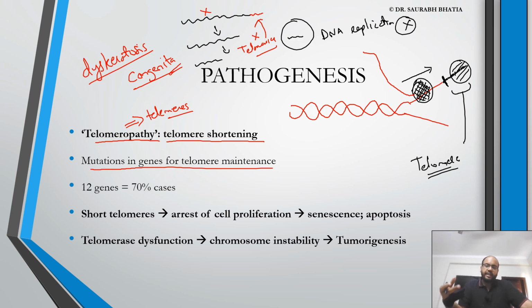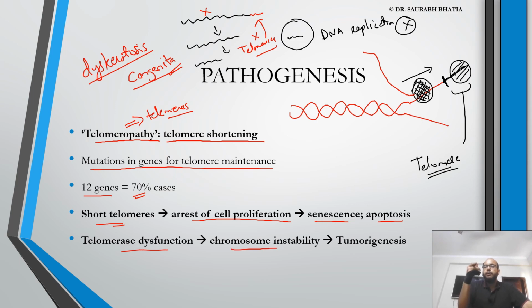If that mutation is X-linked, autosomal dominant, or autosomal recessive, it will lead to the specific type of dyskeratosis congenita. Multiple genes have been identified, but roughly 12 genes account for 70% of cases. The shortened telomeres arrest the cell cycle and cell proliferation, and the cell goes into senescence or apoptosis. Because of this telomerase dysfunction, the chromosome is now unstable.